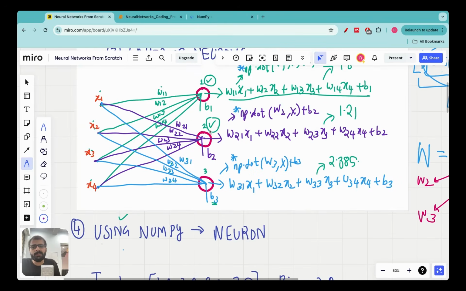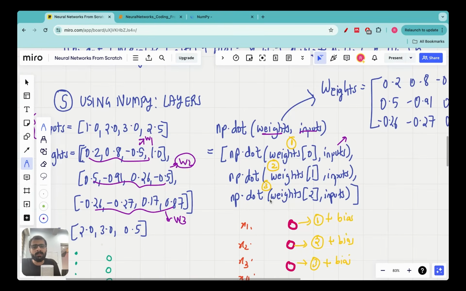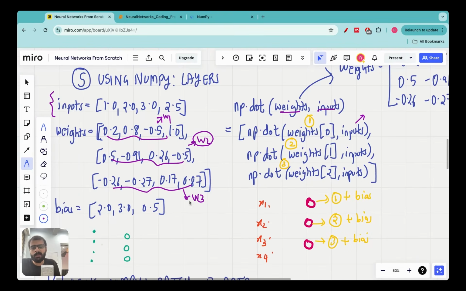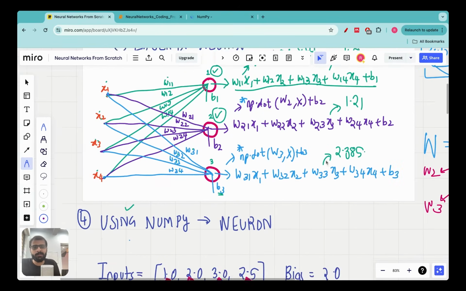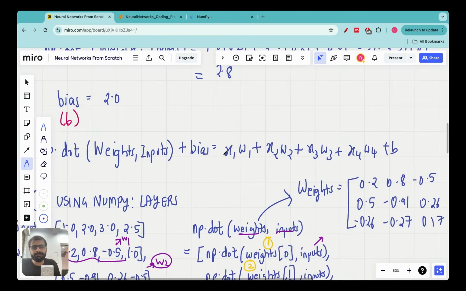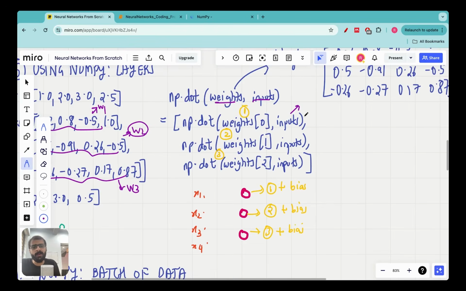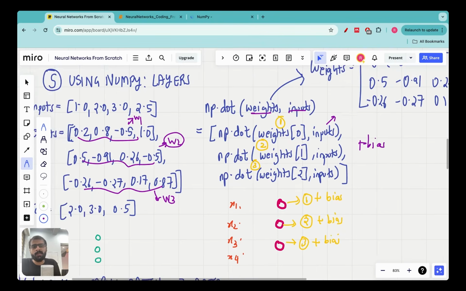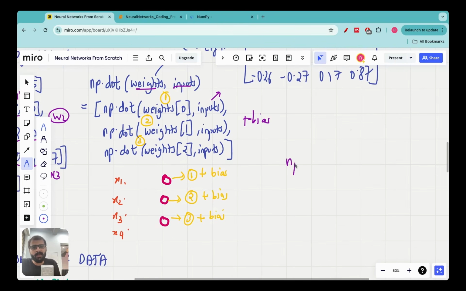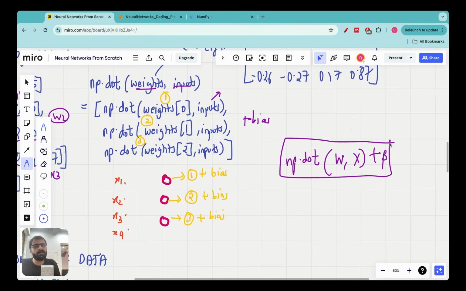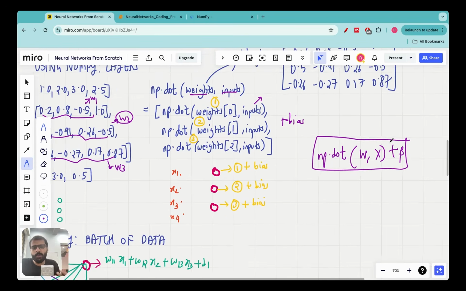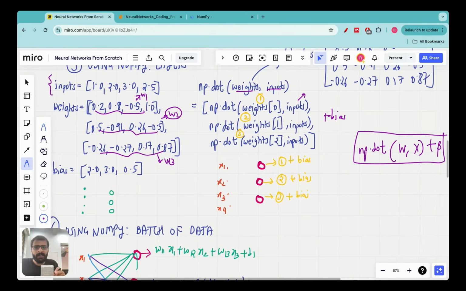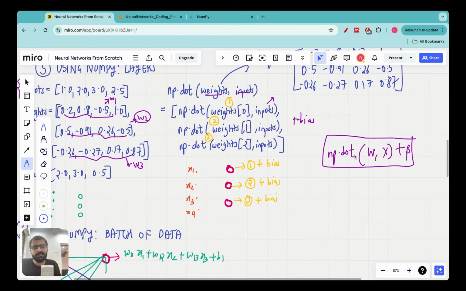This will be the output of the second neuron. And the third element will be the dot product between W3 and the inputs, which is the output of the third neuron. And then we just have to add a bias term to this. So the layer output can just be written as a single term, np.dot(weights, inputs) plus bias. That's it. This is the advantage of the dot product. You can write even complicated outputs in a single representation like this.